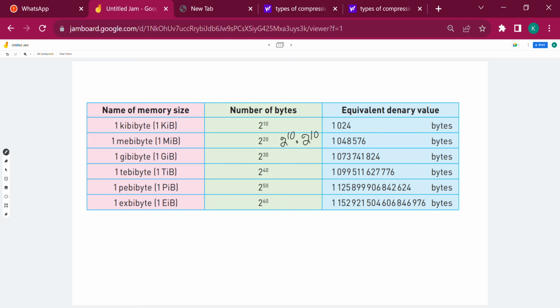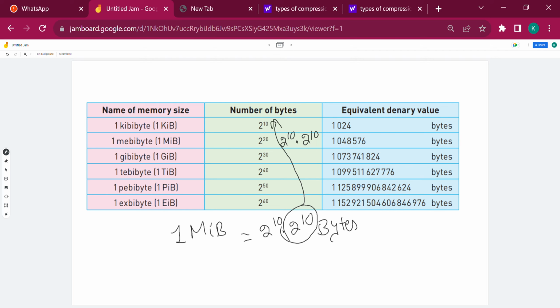Yes, and we can say that 1 mebibyte is equal to 2 power 10 dot 2 power 10 bytes. And next, what I did, I replaced this thing with kibibytes.